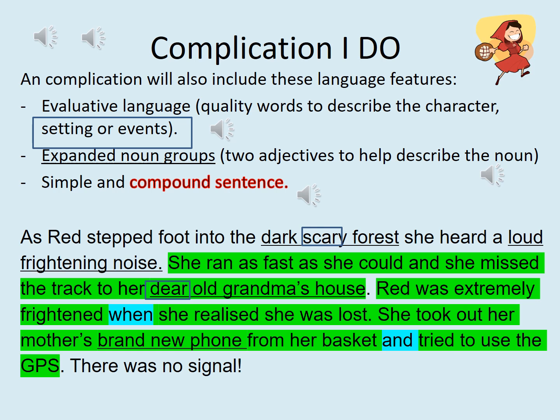Now this is actually a complex sentence. The reason being, the second part, tried to use the GPS, does not make sense on its own. So a complex sentence is when you have a simple sentence and a sentence that doesn't make sense on its own. So that's a bit trickier, and we learn that towards the end of the year and definitely going into grade 3.